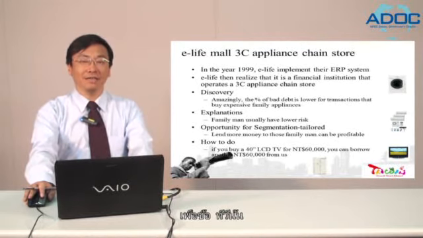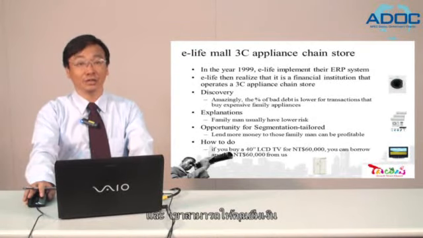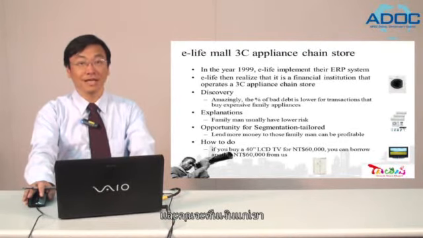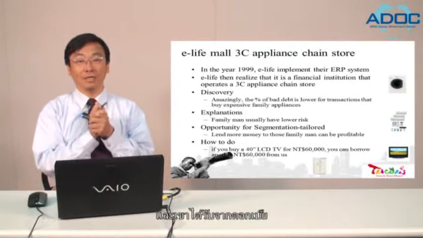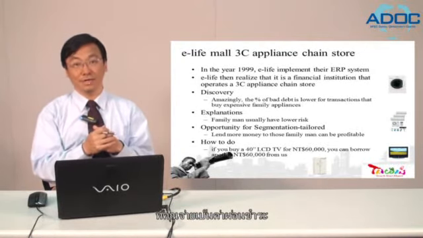By buying that TV, eLife can recognize that you are quite a reliable person, and they can lend money to you, and you will return the money. And they earn from the interest that you pay on the installments.